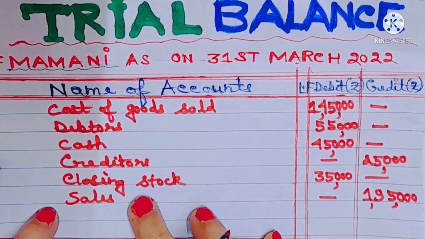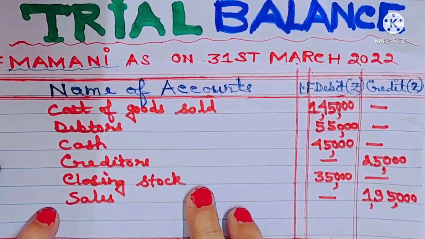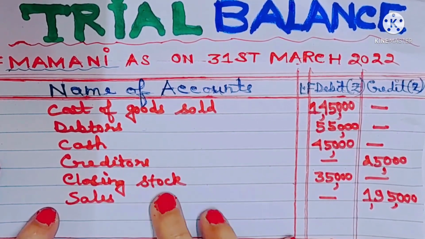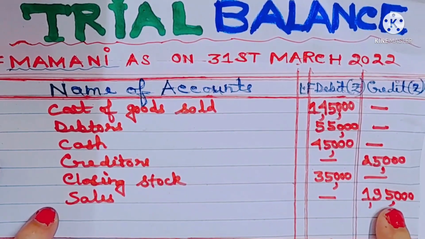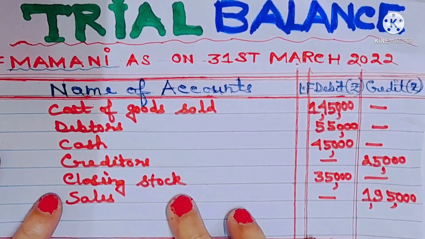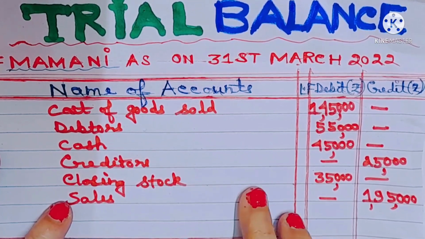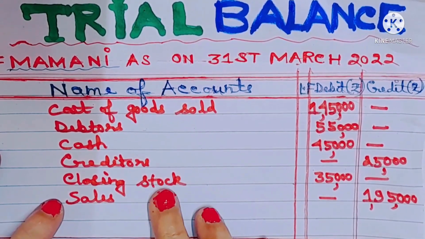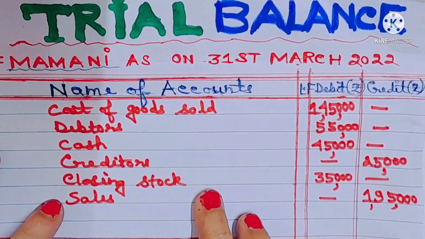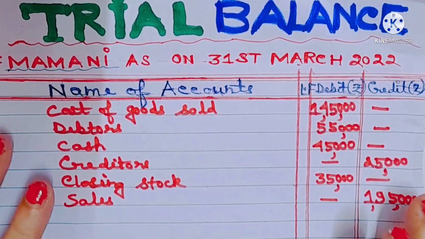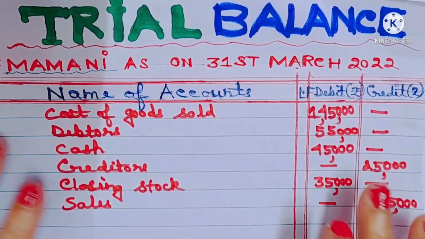According to real account, what goes out is credit. Here, when goods are sold, goods go out from the business. So sales account will be credited. According to nominal account, all incomes and gains credit. Here, when goods are sold, cash comes in. So sales is an income for the business. So sales account will be credited. Understood?